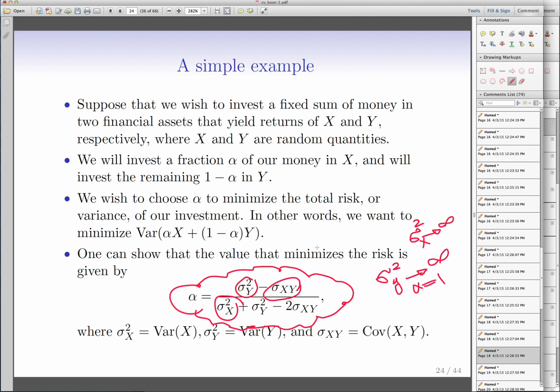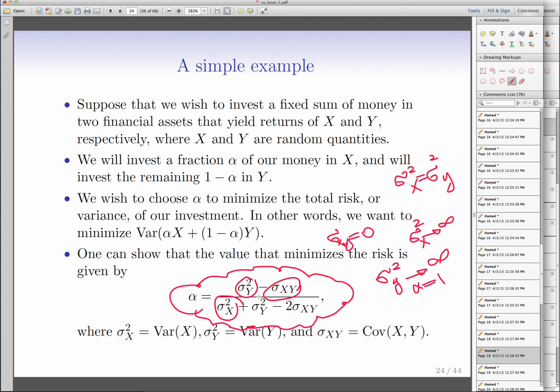Now let's look at another case. Let's say sigma XY is 0, so we have two uncorrelated assets. And let's say sigma squared X and sigma squared Y are the same, so we have equally risky outcomes. It's easy to show that if you just plug in numbers here, alpha will become 1/2.